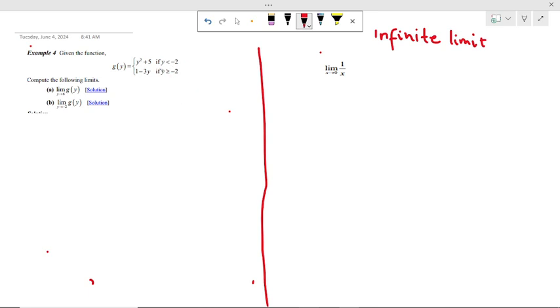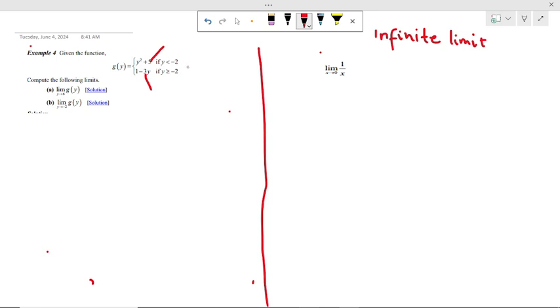so let's say when I give you y equal to -10, you should evaluate the function with this expression. But when I give you values of y greater than or equal to -2, so let's say -1, 0, 2, 4, 6, 8, then we use this function. Sorry, I'm really sorry.